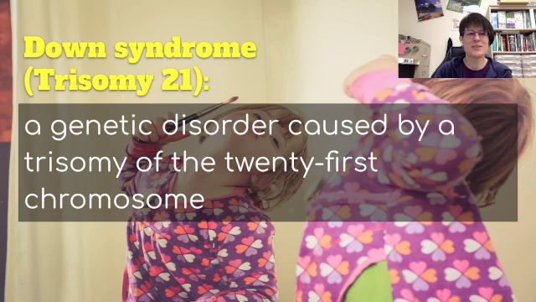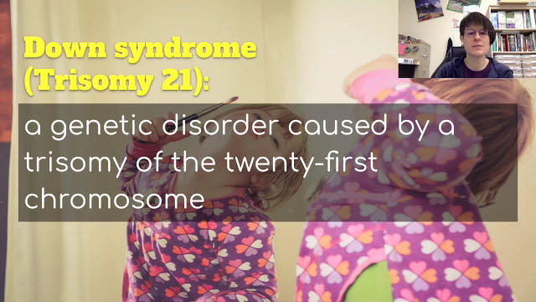There's also Down syndrome, which is called trisomy 21, which is a genetic disorder caused by trisomy of the 21st chromosome. So, an individual with Down syndrome has three 21st chromosomes. Now, you may know somebody with Down syndrome. There's a beautiful little girl in the picture with Down syndrome, trisomy 21, and they tend to be mentally slower.